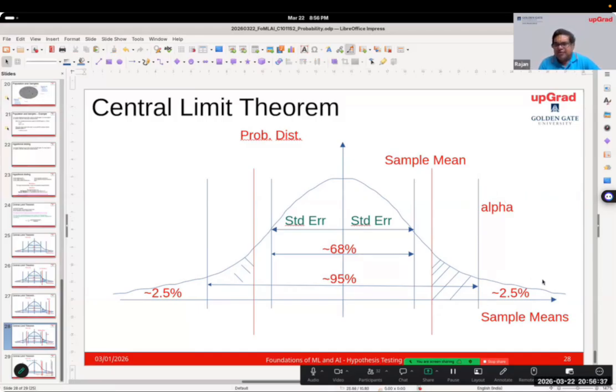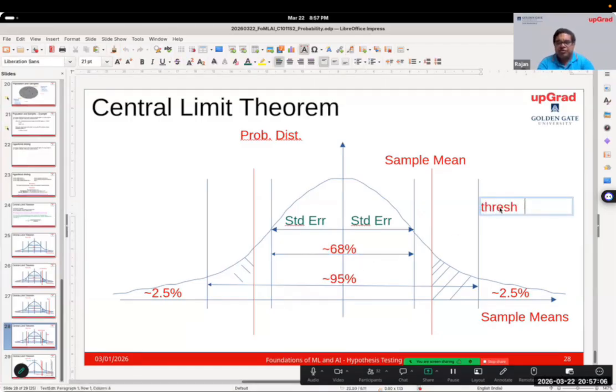Beyond this value, we have 2.5% here and 2.5% here. If my sample is before this boundary, the area under the curve is bigger than 2.5%. That is, the probability is greater than the threshold.